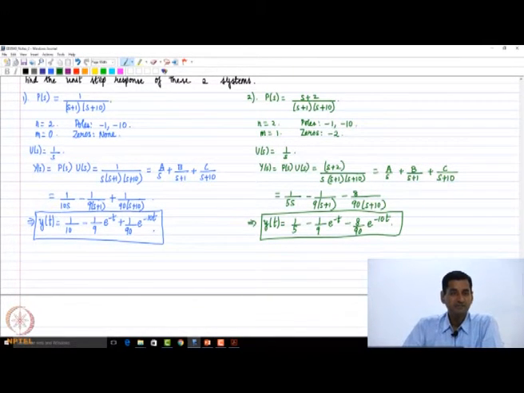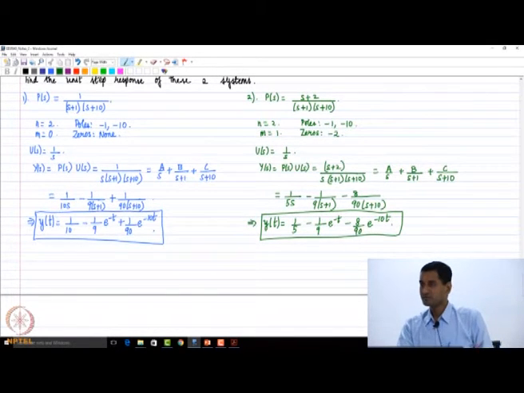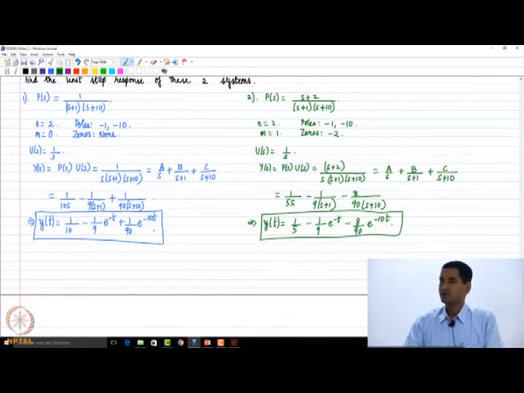Even in this solution, as t tends to infinity, the value goes to 1 by 5, so it's bounded, no issues. The system is BIBO stable because the poles are the same, and the exponential terms have minus 1 and minus 10 as the exponents. But what has changed?